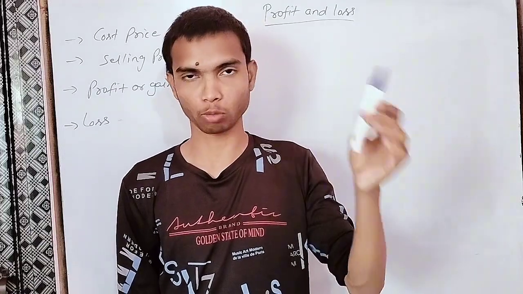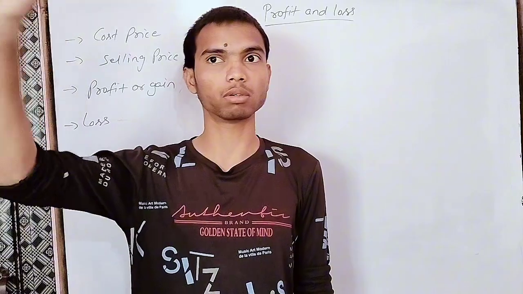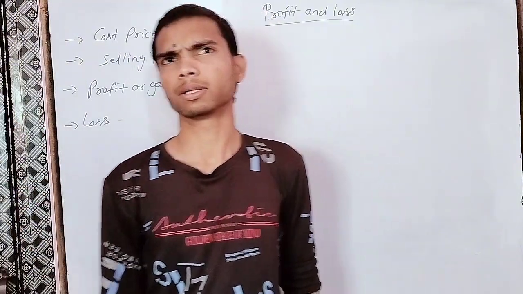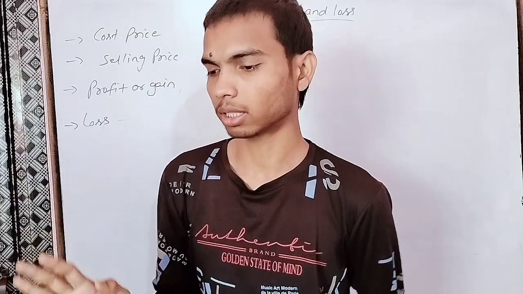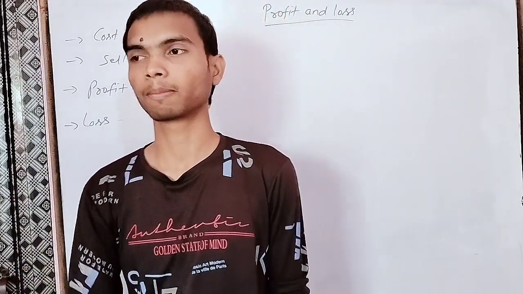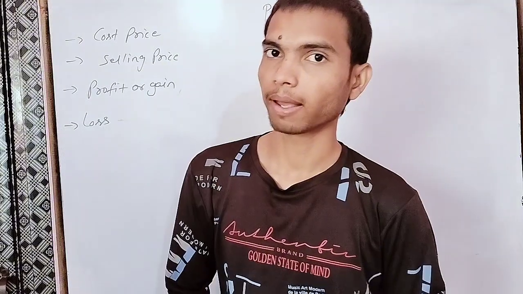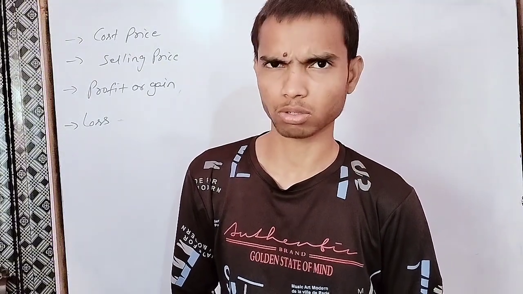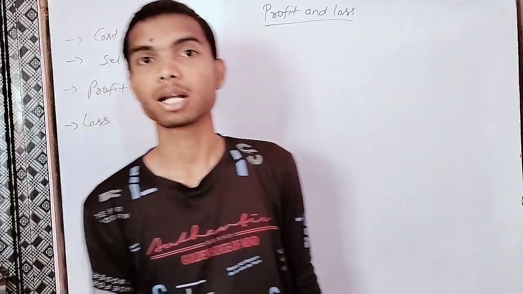Let's just say I am going to purchase a new marker. Then I will go to a stationery shopkeeper and say, look, I want a blue marker. Then he will give me a blue marker, whose price will be 10 rupees.